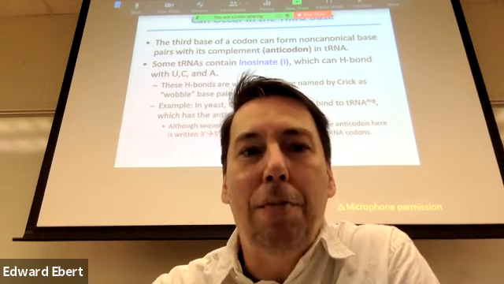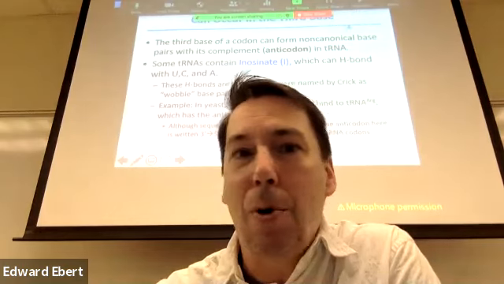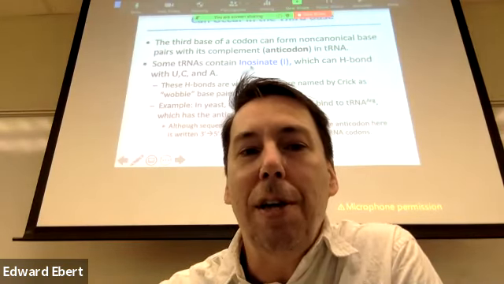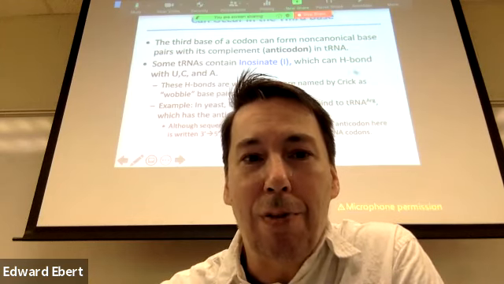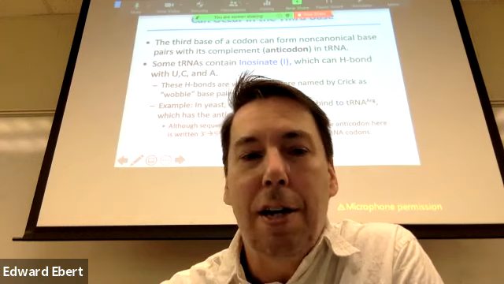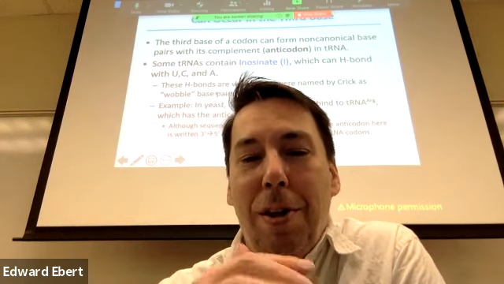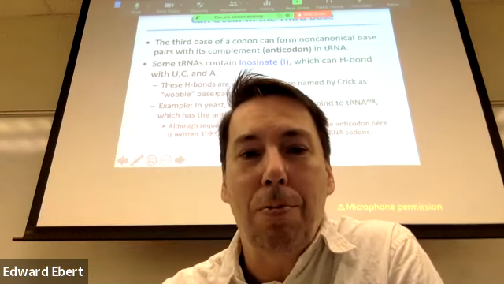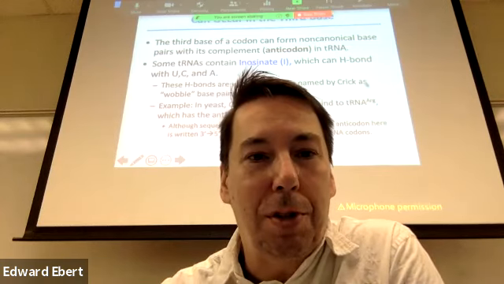I'd mentioned that idea of a wobble base. You can get this nice wobble pairing between the tRNAs and the mRNAs with that third position in there. So some tRNAs will have an inosinate, and that can hydrogen bond with U, C, or A. These are weaker H bonds, and that's why they call them wobble base pairs, because they're not as strong hydrogen bonding wise. They're a little bit weaker, but that allows for a bit more flexibility.